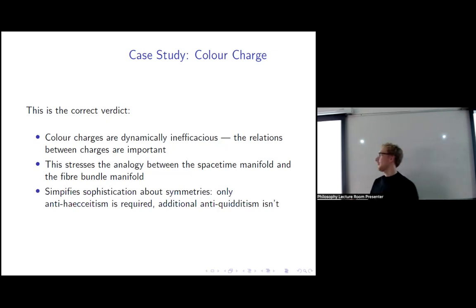I think it also matches this idea of sophistication, which Neil Dewar has developed and which I've tried to defend a little bit. Sophistication wants to say that isomorphic models are physically equivalent. The way Neil sets it up is, in the case of space-time symmetries, we declare anti-haecceitism. So we say that there's only qualitativeness to the world and nothing non-qualitative.